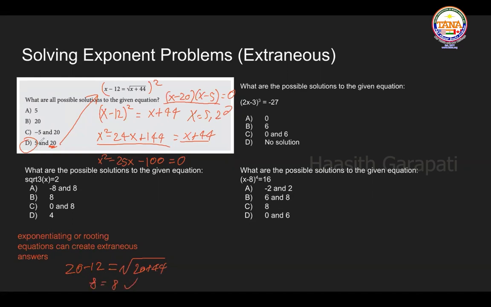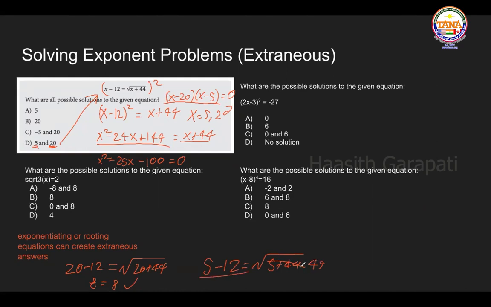Now, what if we take the 5? If we do 5, then we get 5 minus 12 is equal to the square root of 5 plus 44, which is equal to 49. And the square root of 49, right?